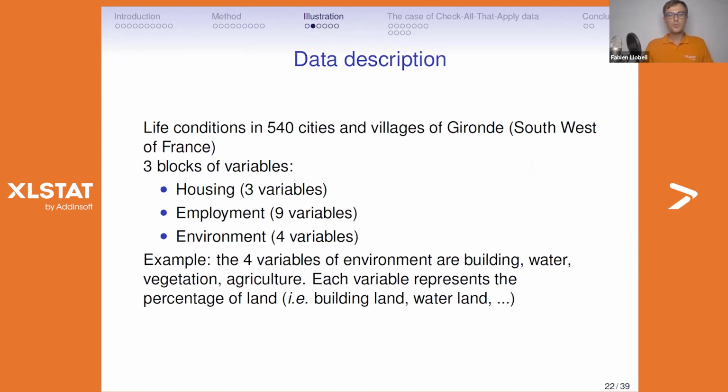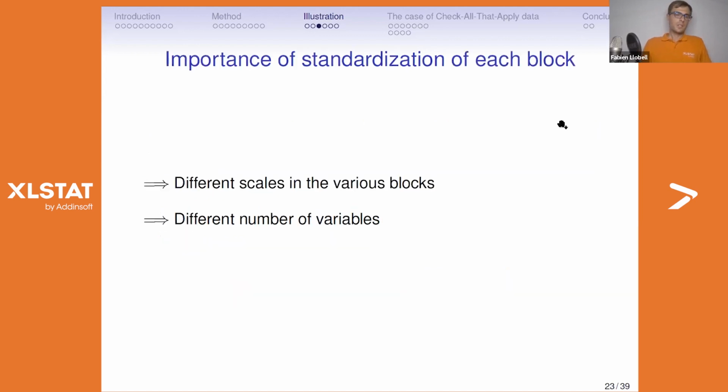For example, the 4 variables of environment are the percentage of land for building, water, vegetation, or agriculture. In housing, we have a variable like the density of population, which is not a percentage.